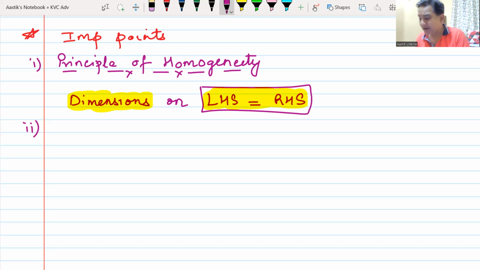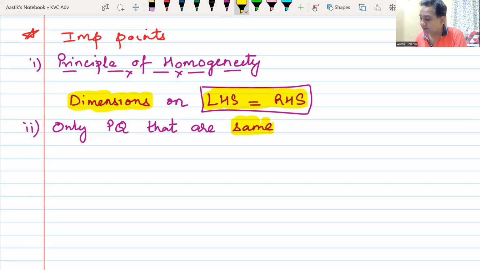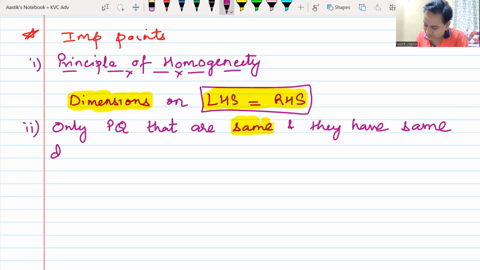That means I can write this in this way: only those physical quantities that are the same, since they are the same and they have the same dimensions, can be added or subtracted.